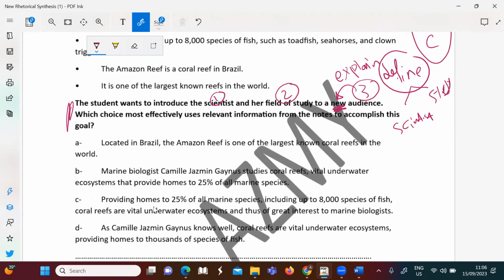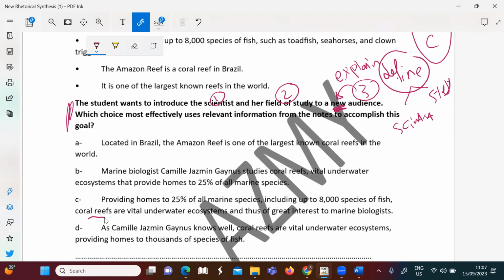Providing almost 25% of all marine species, including up to 8,000 species of fish, coral reefs are vital underwater ecosystems and thus of great interest to marine biologists. This is not talking about the scientist or the field of study. This is just talking about the reefs and the fish. Okay. طيب لا, coral reefs can be the field of study. Okay, but did we explain the coral reefs?